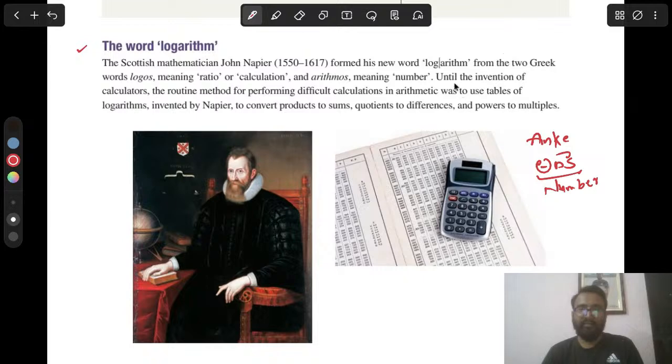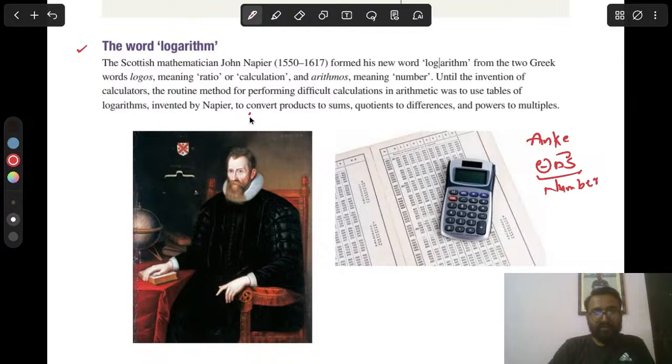Until the invention of calculators, the routine method of performing calculations in arithmetic was to use tables. So we didn't have calculators, and we had to go with the tables. Logarithms were invented by Napier to convert products to sums. Let's see why it is important.